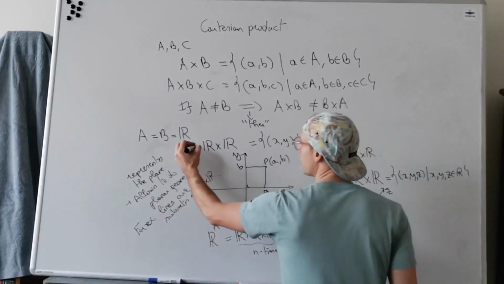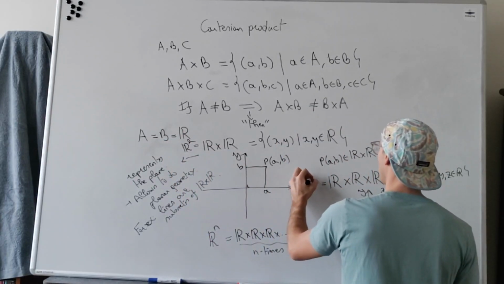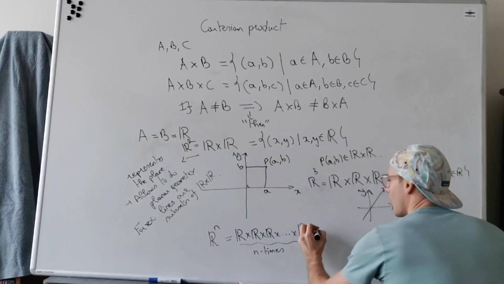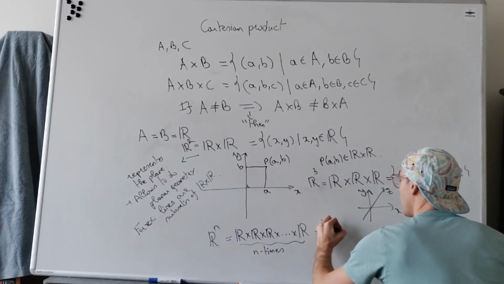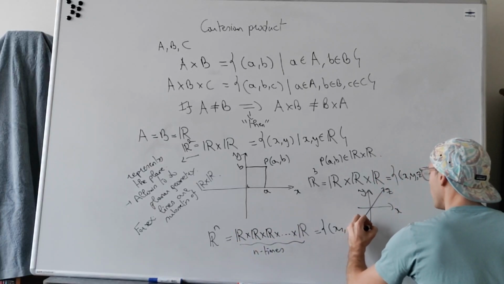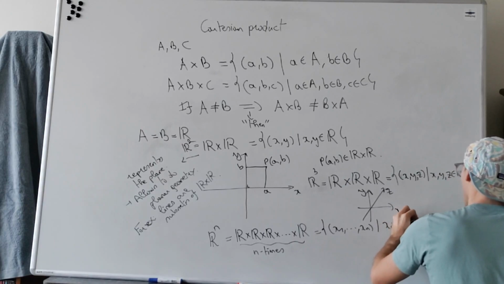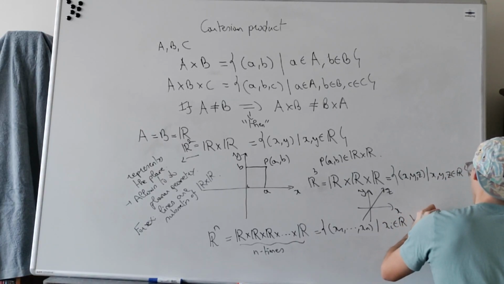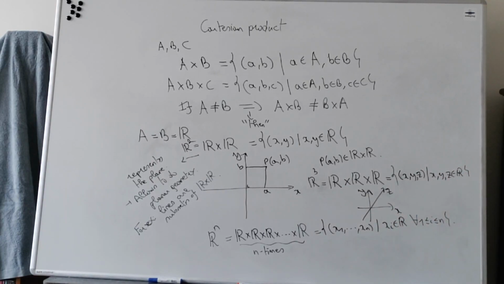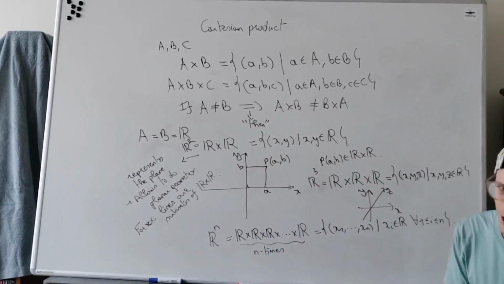With this notation, this is just R squared, and this is R cubed. How do these elements look? These are n-tuples because there are n sets, (x1, ..., xn), with xi in R for every i between 1 and n.